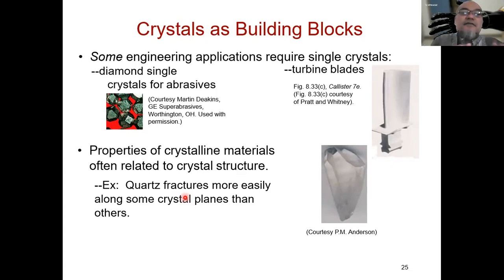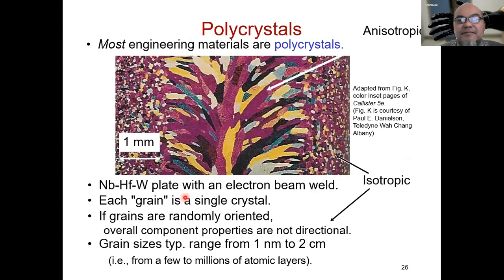Silicon also, you can break along certain crystalline planes easily, but you cannot break along the other planes. So depending on the crystal orientation, when you break at that plane, you will have a completely smooth line at the fracture, compared to if you break in a random orientation. That is because of the crystalline state of the material.